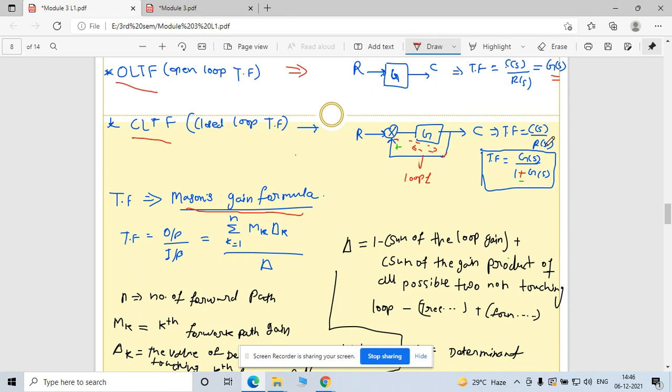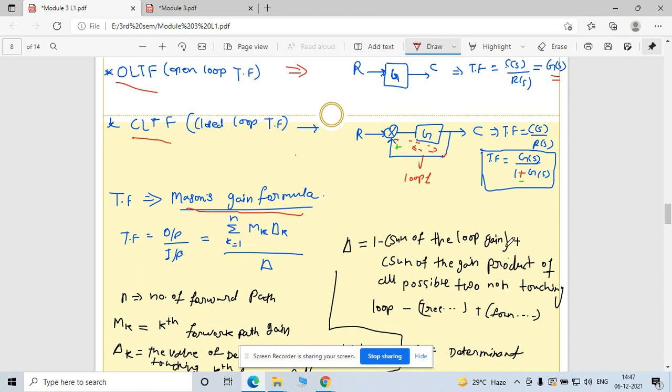We never use positive feedback for controlling action; we always prefer the negative feedback circuit, right? So that's why this negative plus 1 you will find out here positive, because negative into negative sign becomes positive.